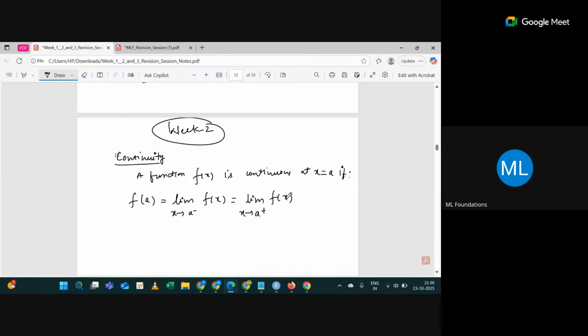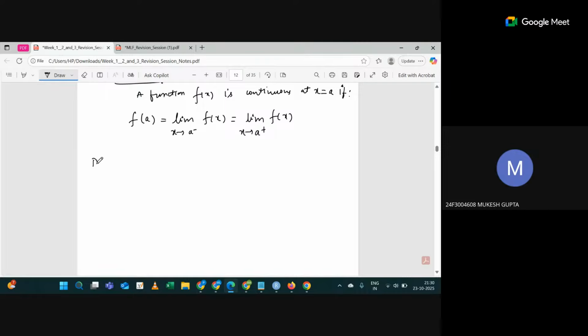So what about the next concept, after continuity? Differentiability. What is the role of differentiability? How will you explain differentiability? The slope of the tangent to the curve. The rate of change. Yeah, rate of change.